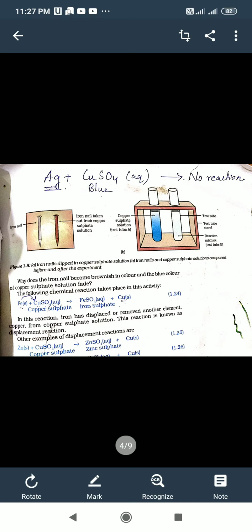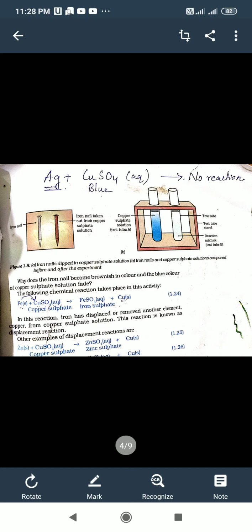Again we compare the two solutions, test tube A and test tube B. In test tube A we have dipped the iron nail and test tube B is kept as such. So we observe that after the activity, when we take out the iron nail, the blue color of copper sulfate fades and it becomes pale green in color. So this shows an example of displacement reaction.